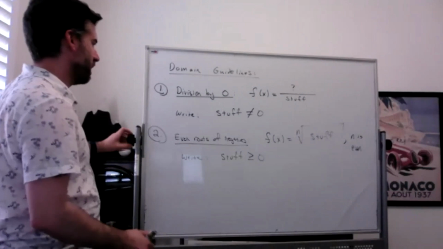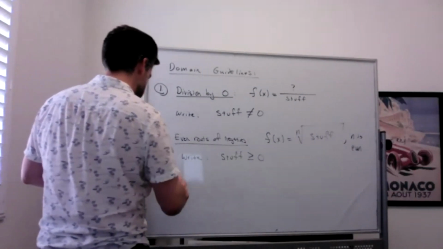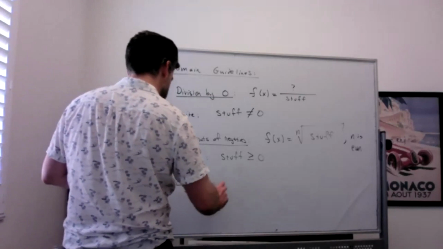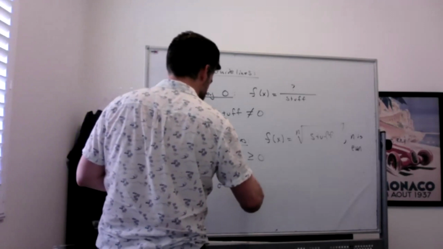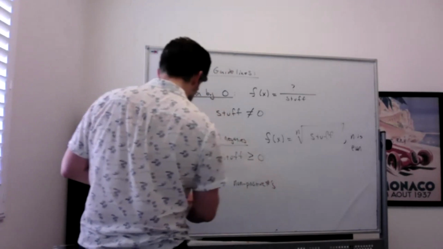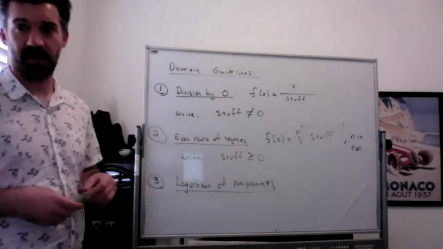So the other thing we don't want is logs or logarithms of non-positive numbers. So we can't take the logarithm of 0, we can't take the logarithm of a negative number.